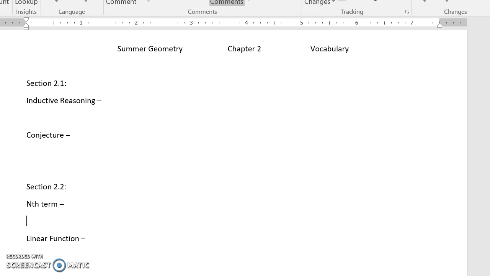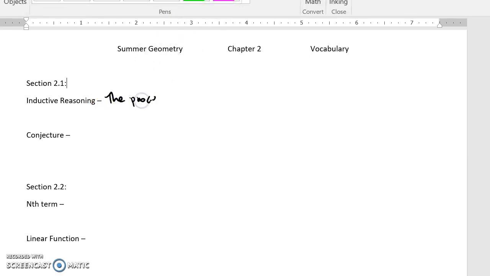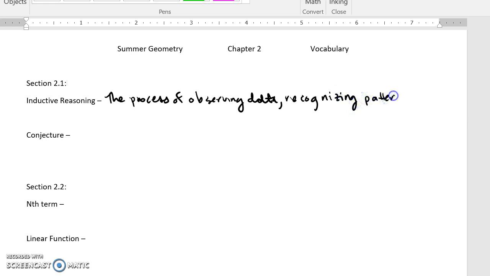So inductive reasoning is the process of observing data, recognizing patterns, and making generalizations.